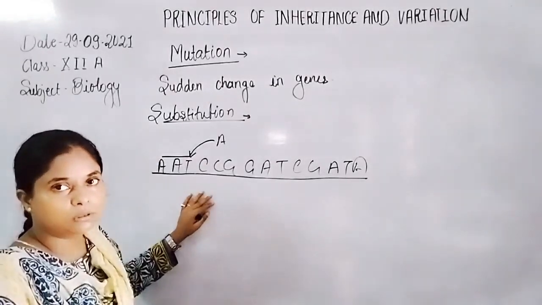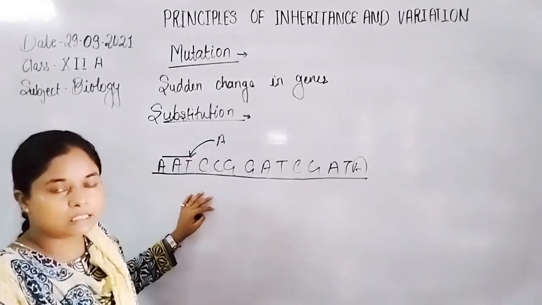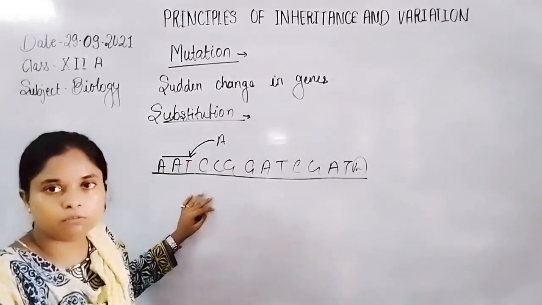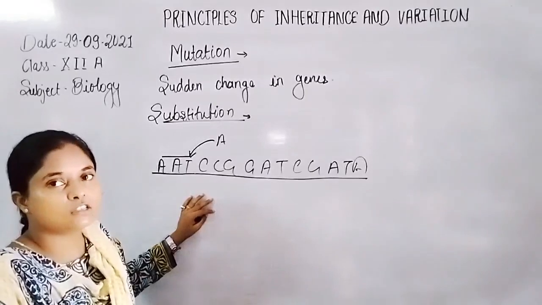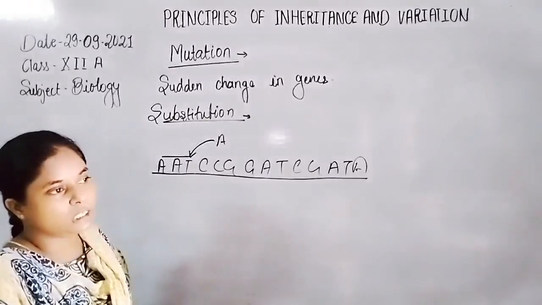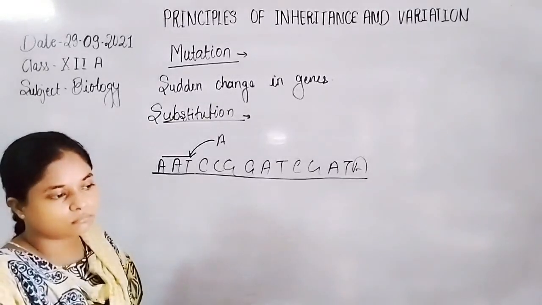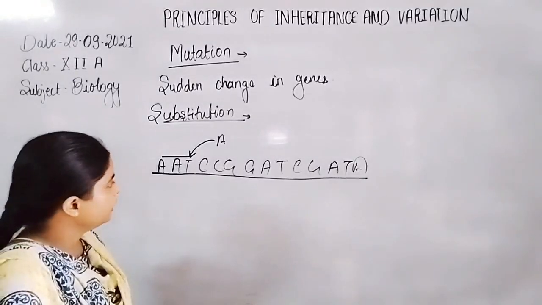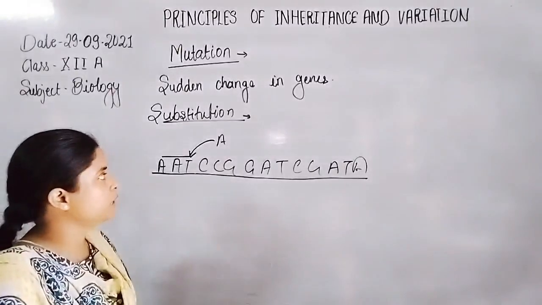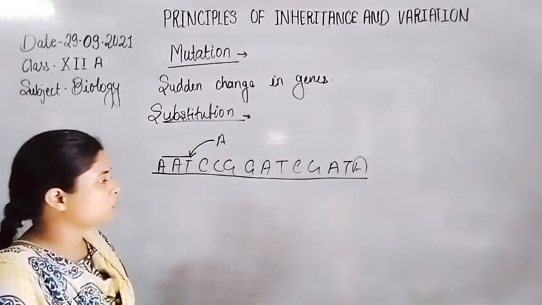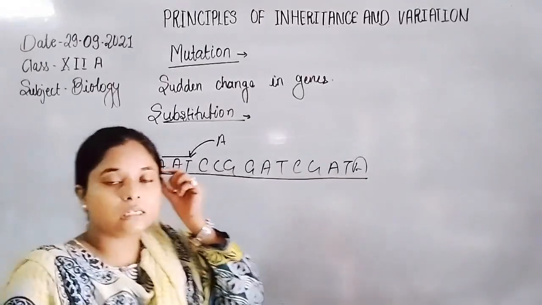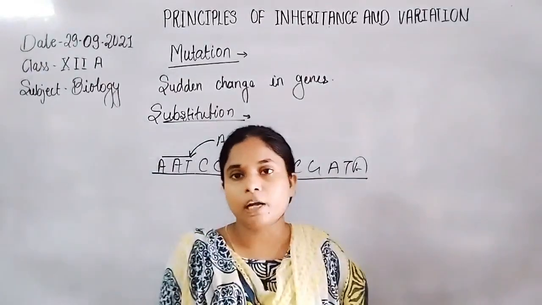So how does this result? Substitution is also related to point mutation, as in the case of sickle cell anemia, where thymine is replaced by adenosine, resulting in a change in a single amino acid.